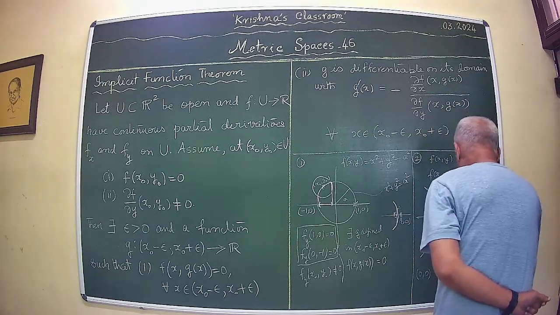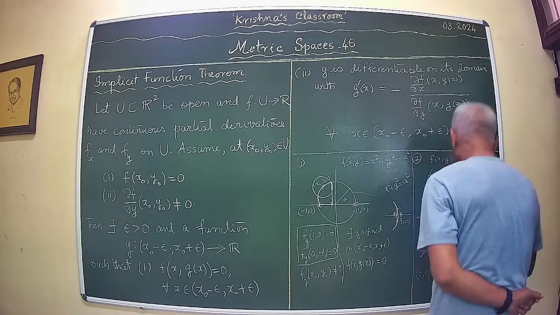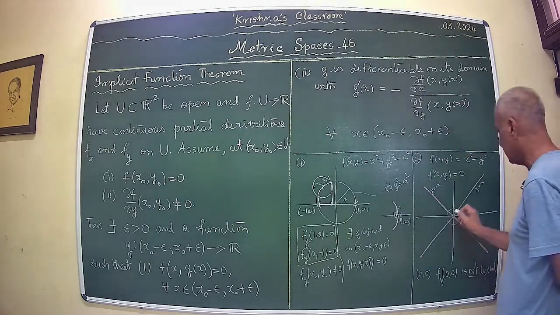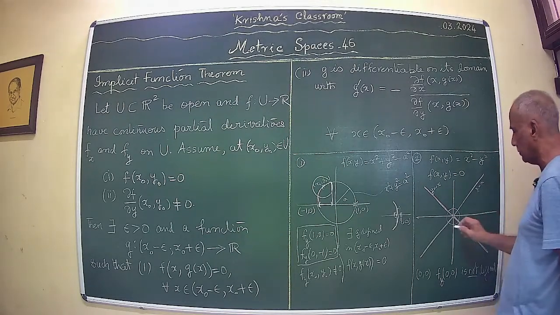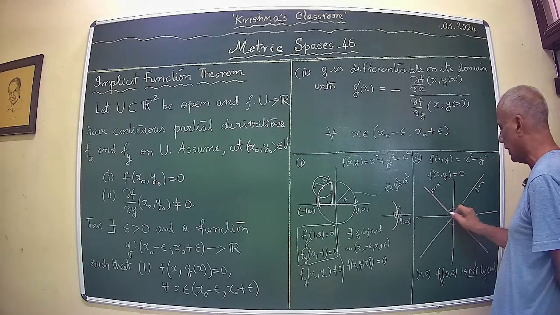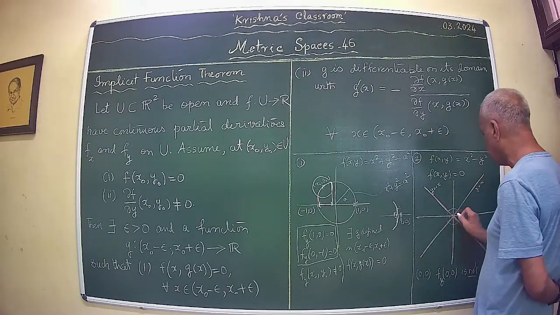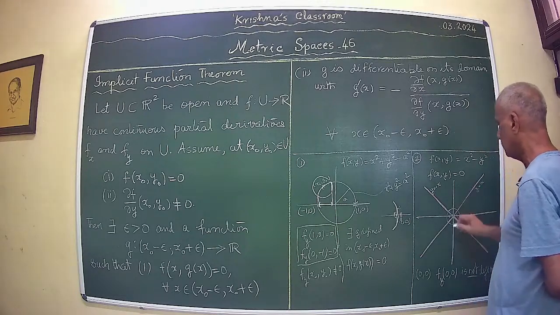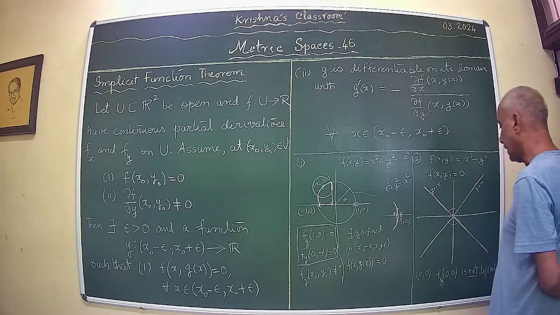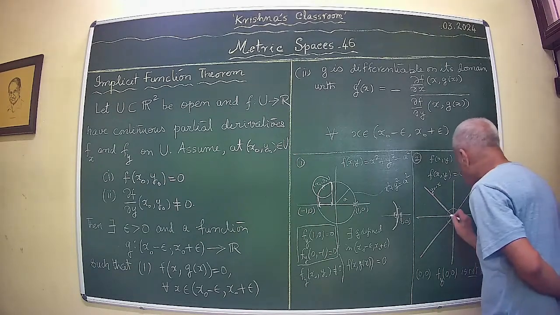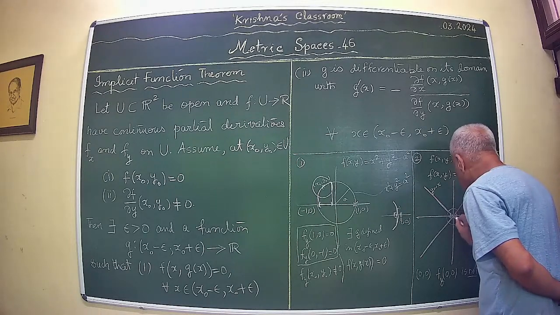This kind of points may give a trouble, because if you take any point, and take a neighborhood of that, it would be something like this. And in this neighborhood, the section of the curve intersected are these two line segments. And any neighborhood of 0 you take here, you cannot express y as a function of x, because corresponding to x, there are two values of y determined except at this point.